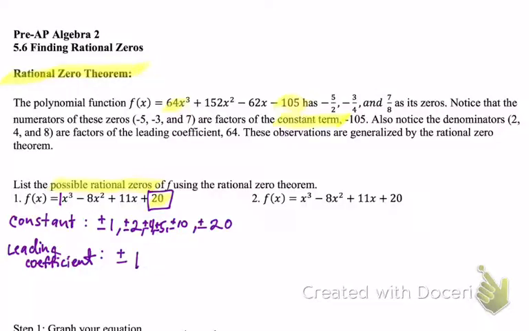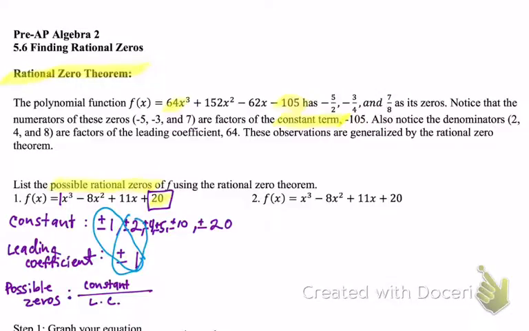And so to find your possible zeros, you take every single combination of constant over leading coefficient. So all of the factors of the constants are going to divide by all of the factors of the leading coefficient. So plus or minus 1 over plus or minus 1, plus or minus 2 over plus or minus 1, plus or minus 4 over plus or minus 1.